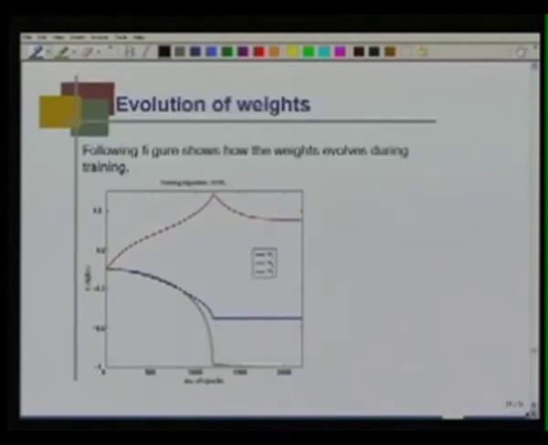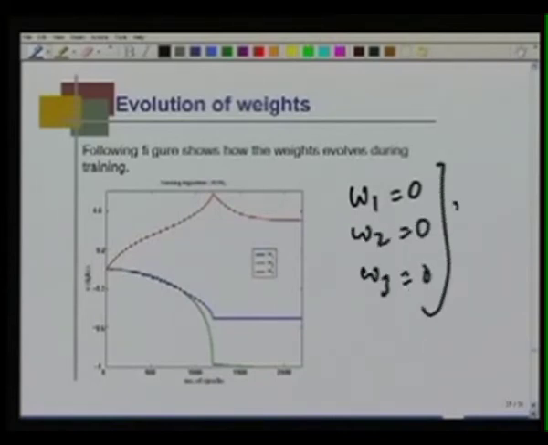and you see how the weights are evolving. In the beginning all the weights were initialized to be 0: W1 was 0, W2 was 0, W3 was 0, this is the initial point.